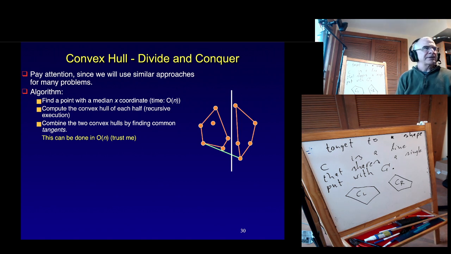How many tangents do you see that are common tangents to both C left and C right? Again, how many lines can you find, at least in this example, that are common to both C left and C right? At least two.